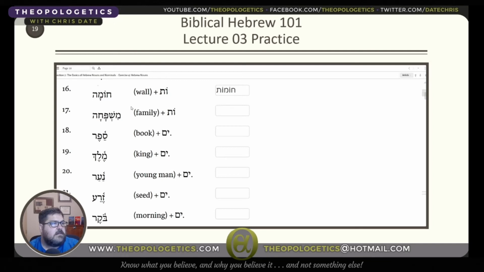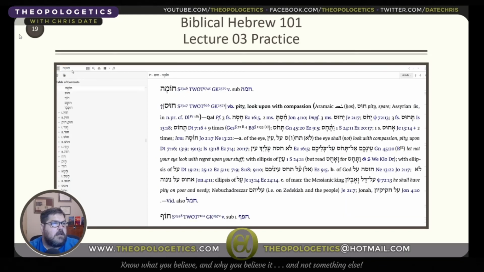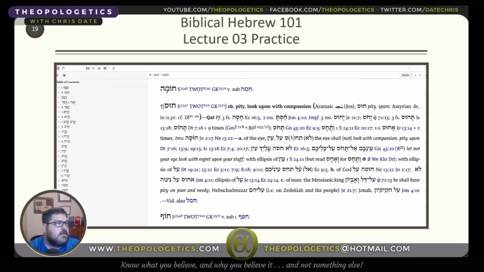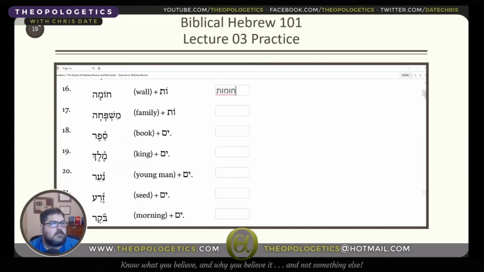Chet, holem vav, mem, qamets hey. Oh, no, that's the wrong version of it. Did I misspell it? Chet, holem vav, mem, qamets hey. Here it is, wall. So it says the plural is chomot, just like I said. Good.